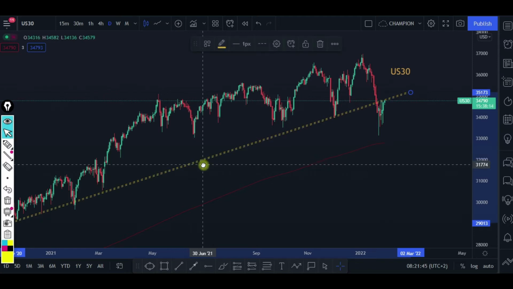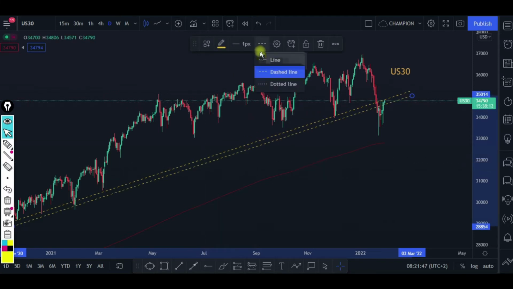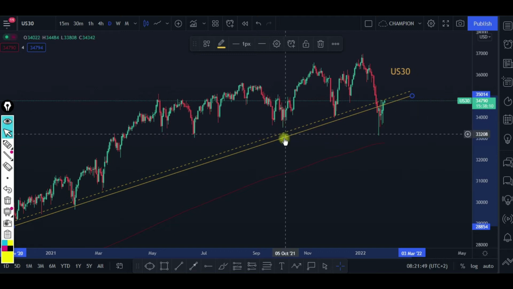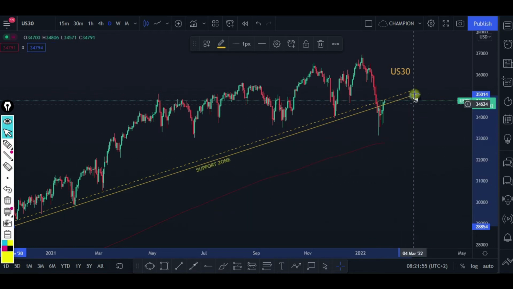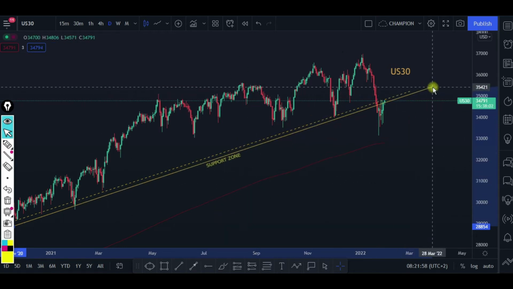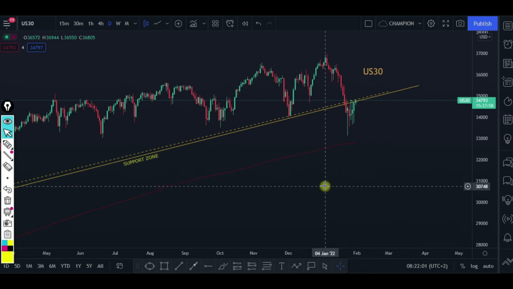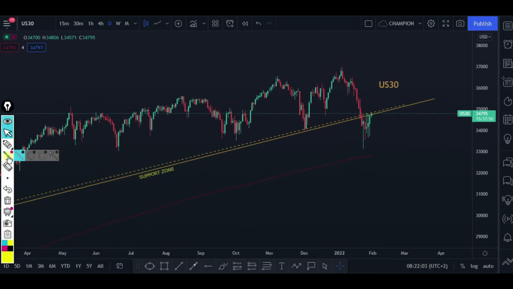So guys, this is our overall support zone. Let me put it out there so that you can know where we are going. US30 was moving exactly like Nasdaq 100.